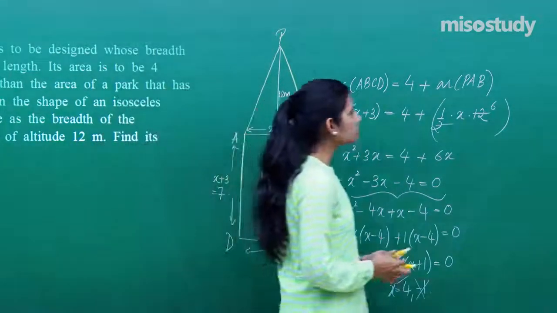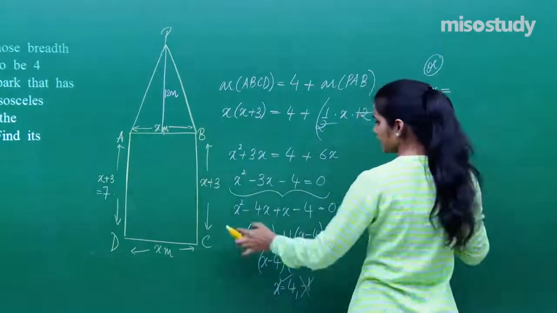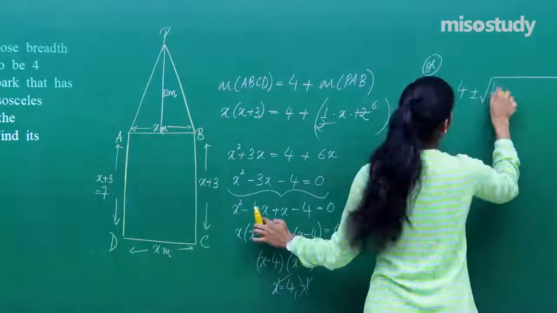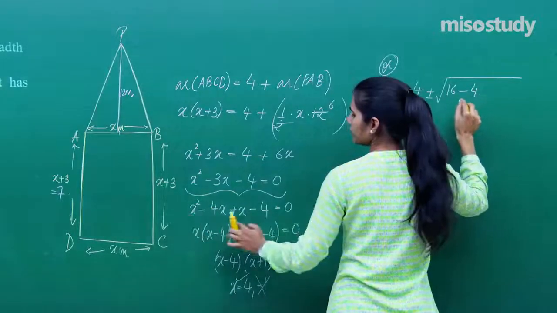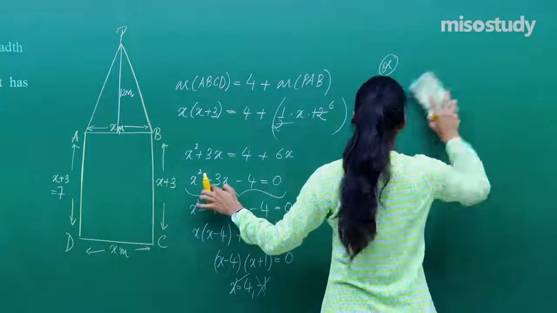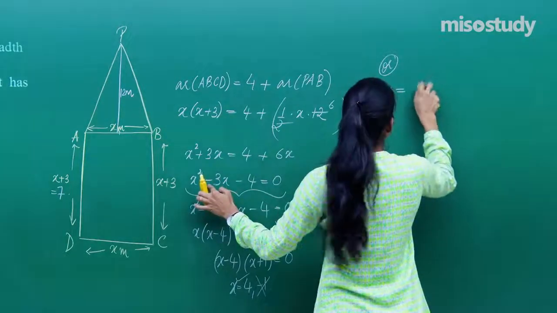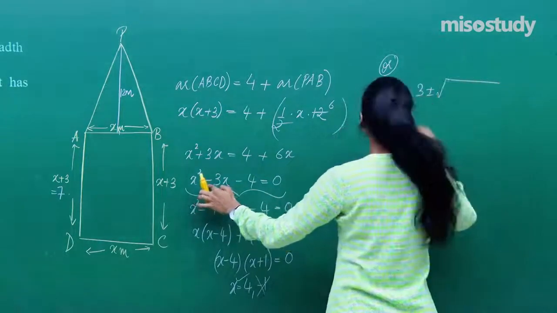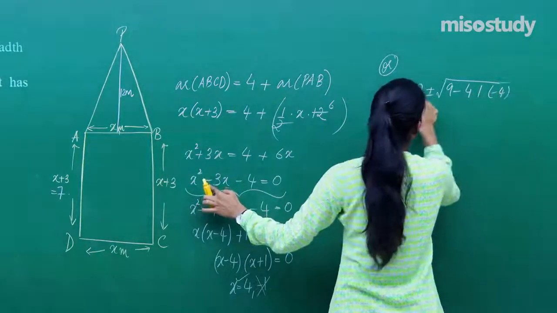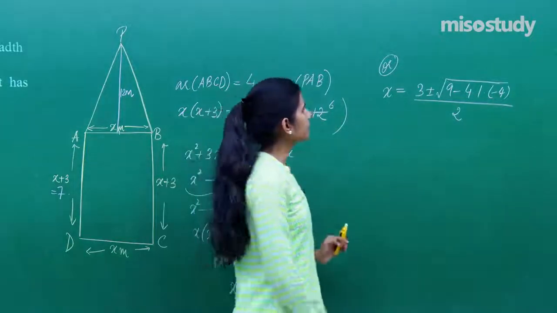You could have also used the quadratic formula. x is minus b plus minus root over b square minus 4ac upon 2a.